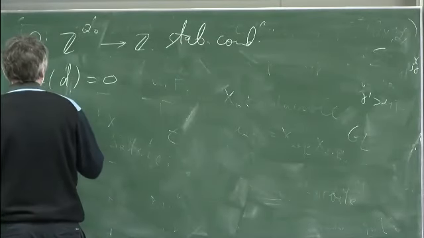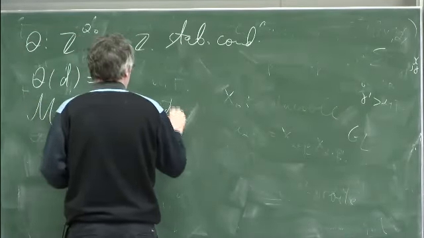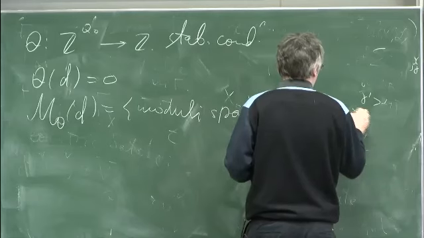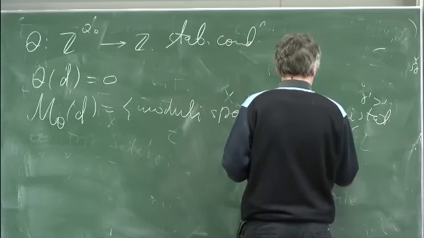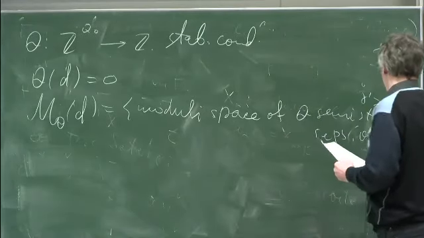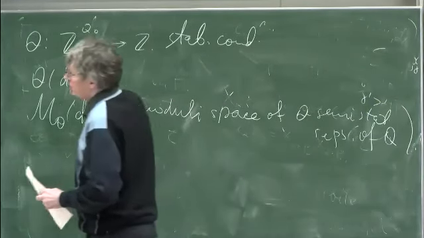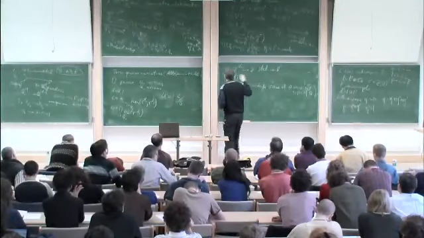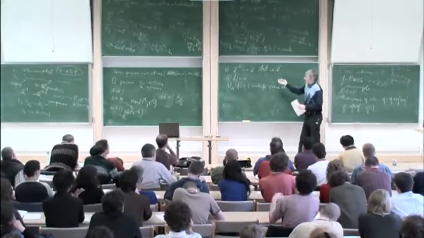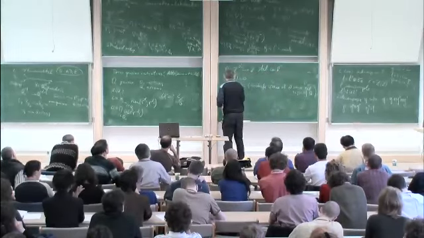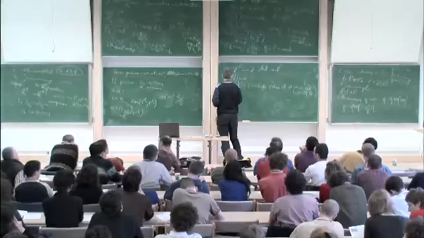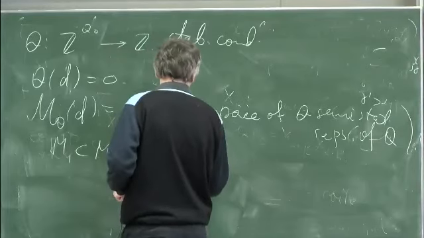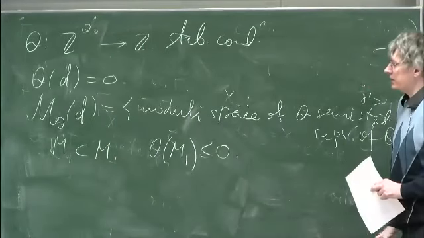Then there is the moduli space M_theta(d) of theta-semistable representations of the quiver Q. A representation M is theta-semistable if every subrepresentation M1 has theta of M1 less than or equal to theta of the representation itself, which means 0, because theta of M is theta of d.